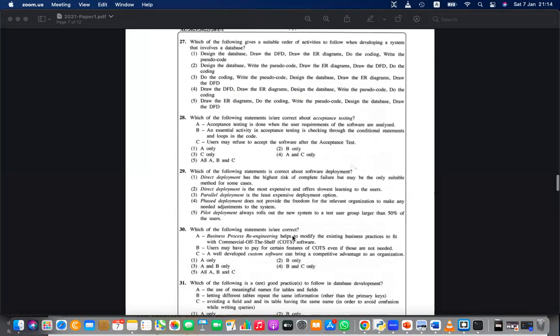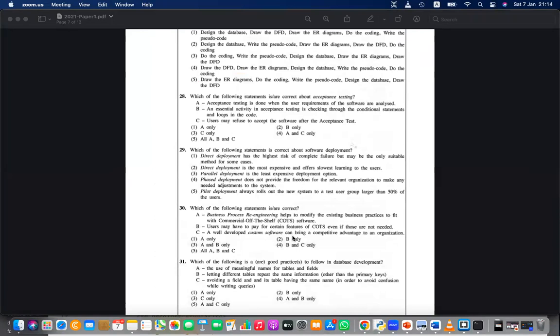Question number 28. Which of the following statements is correct about acceptance testing, that is at the user's side? Acceptance testing is done when user requirements of the software are analyzed. Yes, that is what you are accepting, whether real users accept the requirement that they ask.